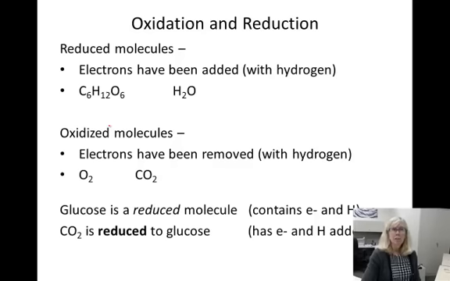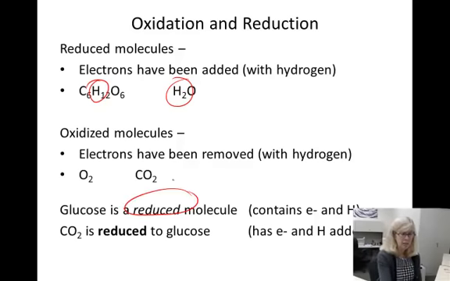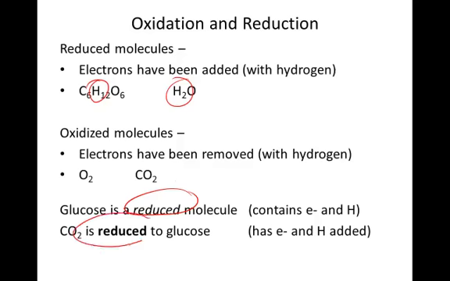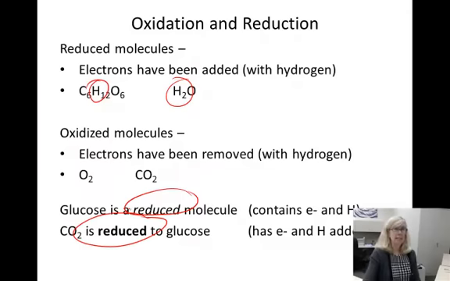You can recognize reduced molecules in a biological reaction because they have more hydrogens. Oxidized molecules have had electrons removed along with their hydrogens. Oxygen is an oxidized molecule, as is carbon dioxide. Notice that we sometimes use these terms, oxidation and reduction, as adjectives and also as verbs, so be careful when you use them in a sentence.